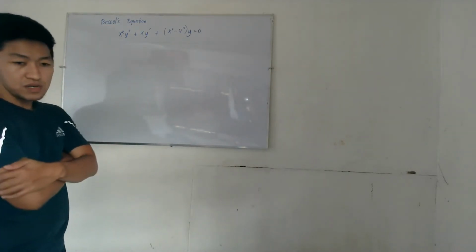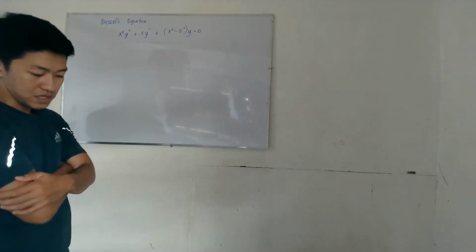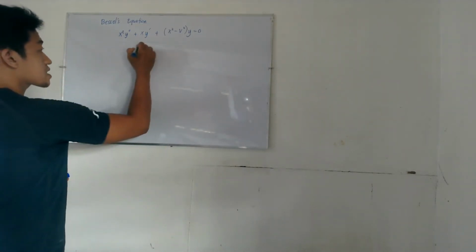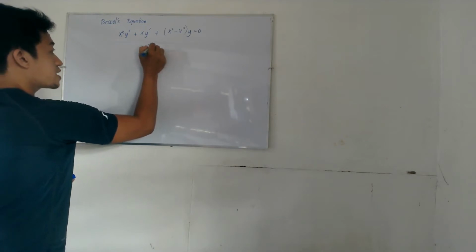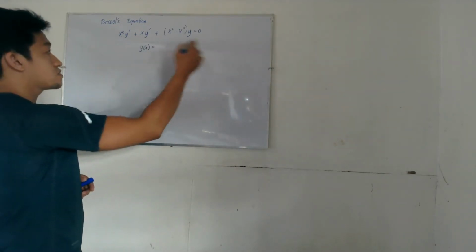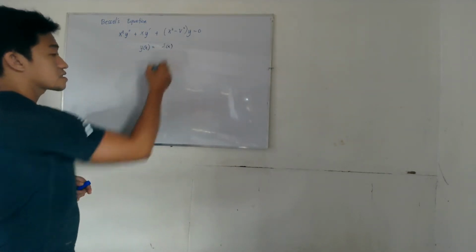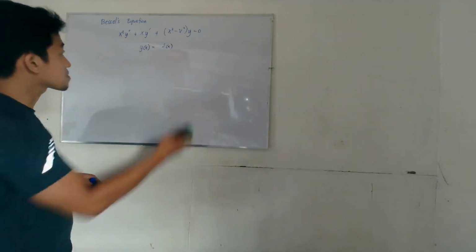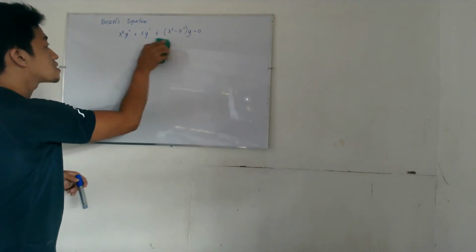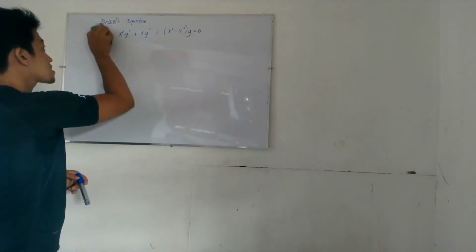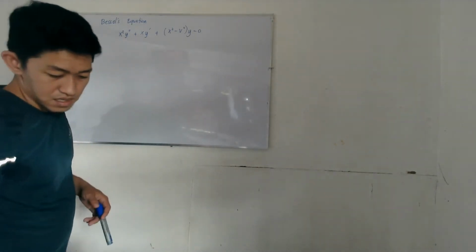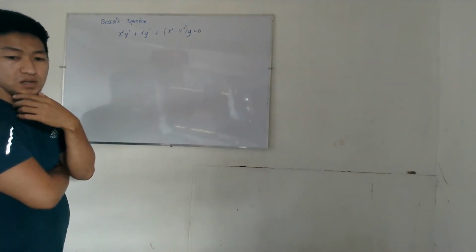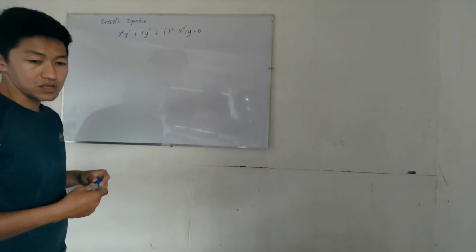So our main objective here is to determine the general solution. We must get y as a function of x. This equation can be solved using the Frobenius method.